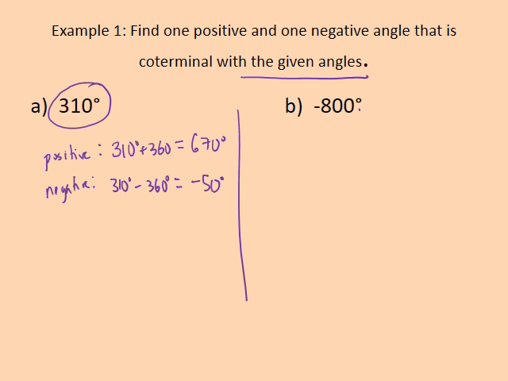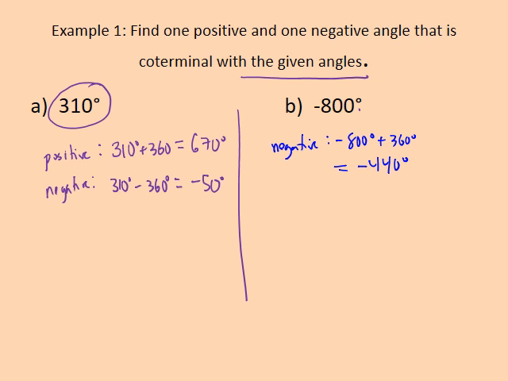Now, negative 800 degrees. We can find another negative angle by just adding 360 degrees to negative 800. When we do that, we get negative 440 degrees. While this is in fact a negative coterminal angle, it's not the most useful negative coterminal angle.